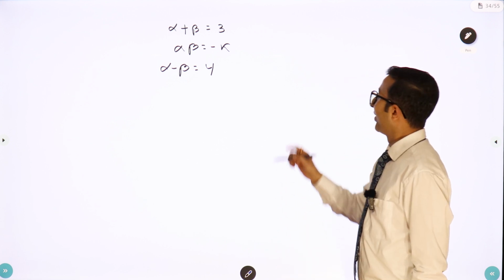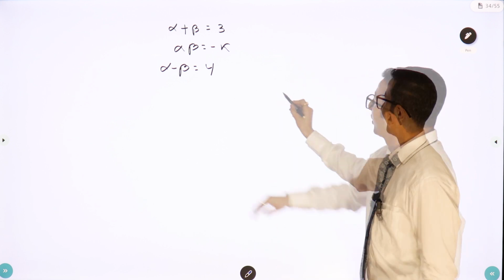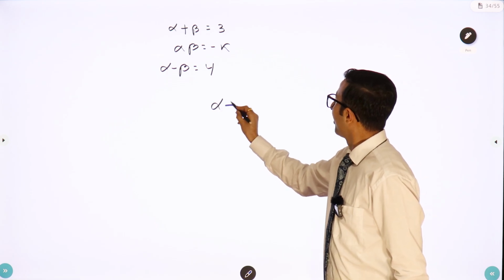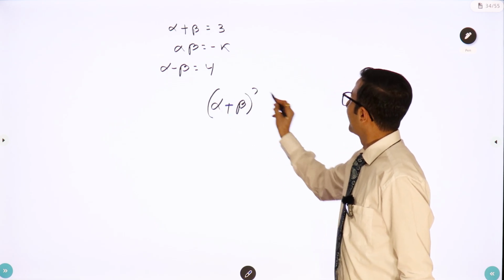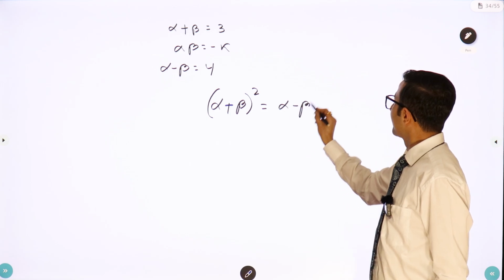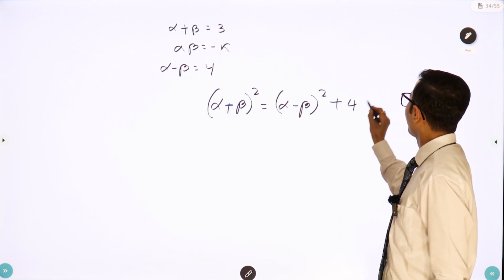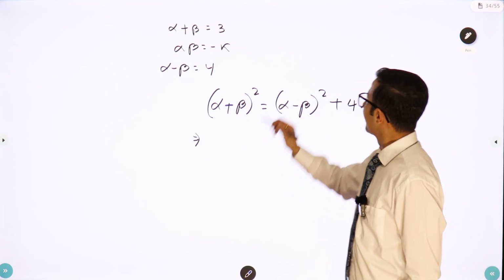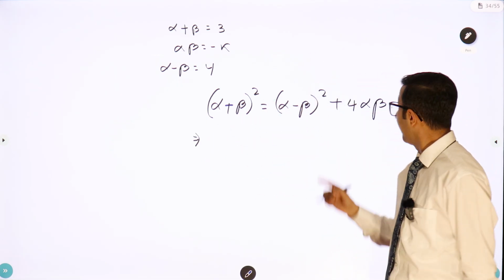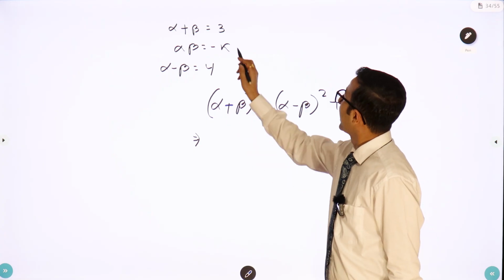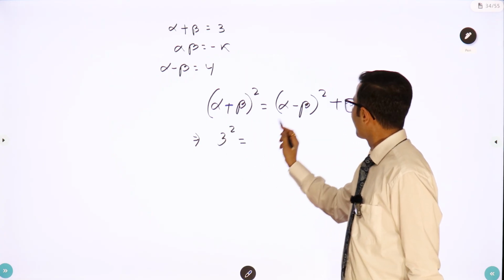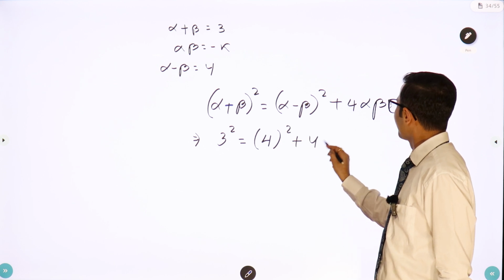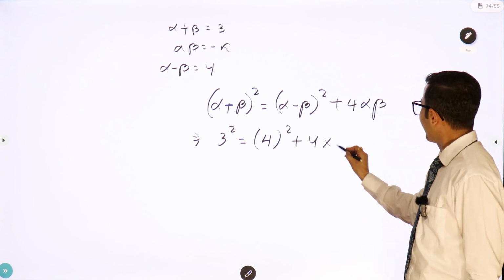Now look here. We have another method to obtain this. We have one relationship: (alpha + beta)² is equal to (alpha - beta)² + 4 alpha beta. It means (a + b)² = (a - b)² + 4ab. So alpha plus beta, 3 squared, is equal to alpha minus beta, 4 squared, plus 4 times alpha into beta, which is minus k.